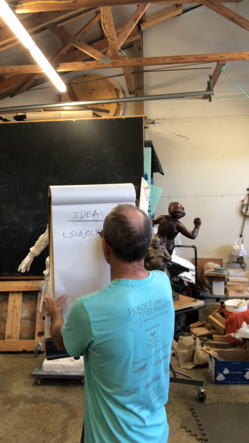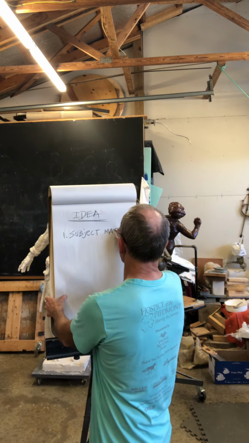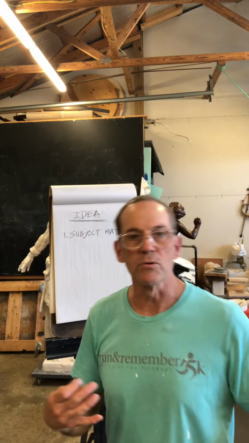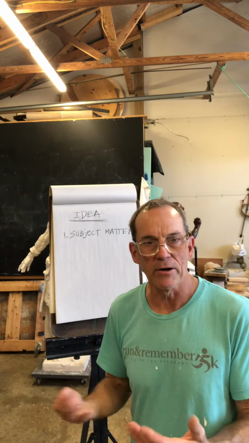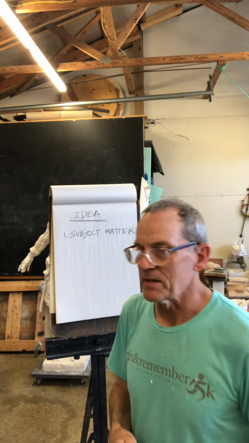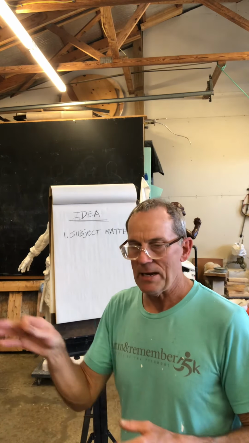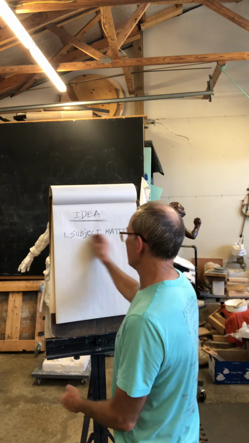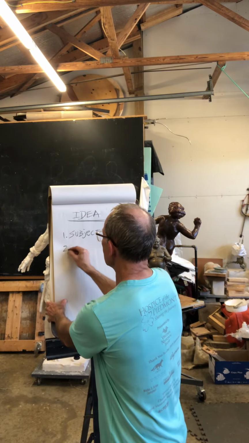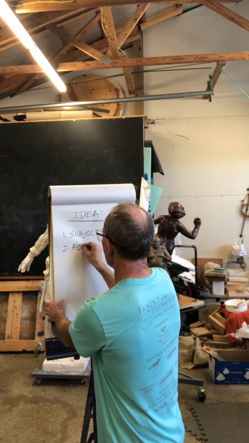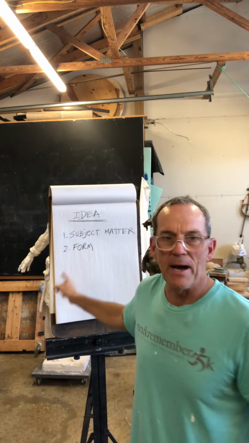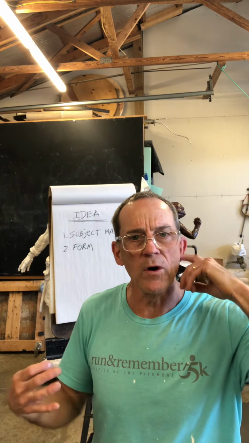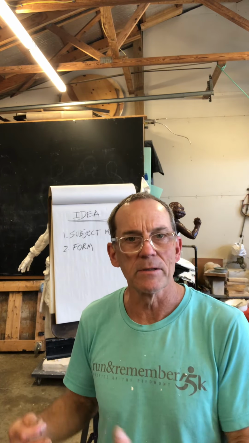And subject matter, for realists, is just the thing that we're drawing. So it's the person, it's the tree, it's whatever it is. It's the narrative, the thing that we name in the world that we're drawing. So that's subject matter. The second idea is called form. And every subject matter has form. They're connected together. Form is really the graphic component of subject matter.